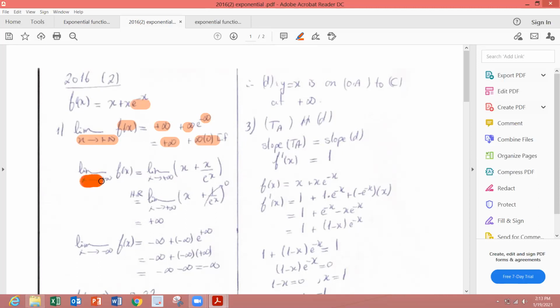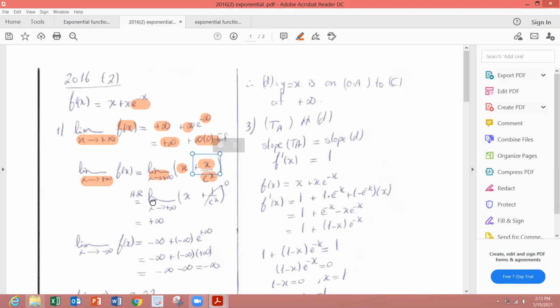Limit as x tends to plus infinity: x remains x, and this e to the minus x in the denominator becomes e to the x. Then we apply Hospital's rule to the fraction part only, not to all the function.